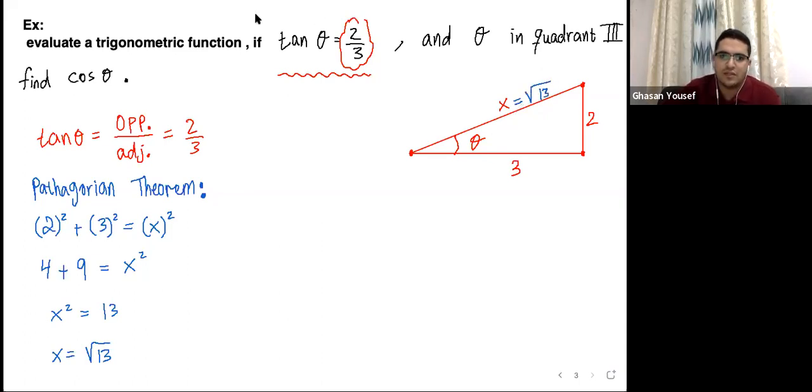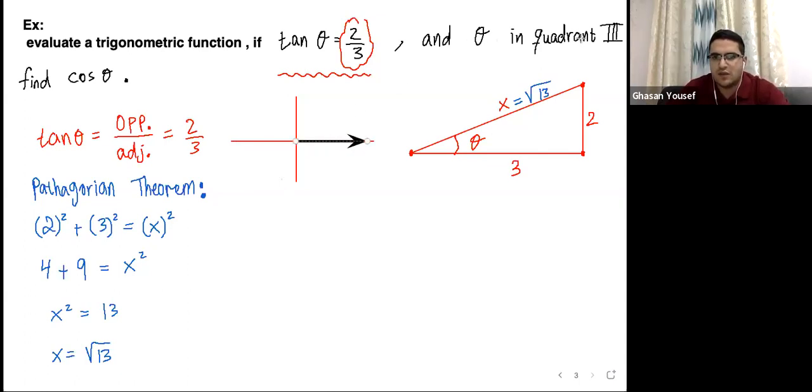Now, you go back to the question. The question told you this angle is located in quadrant 3. If you want to graph a small graph like this, this is my Cartesian plane. My initial side is always the positive x-axis.